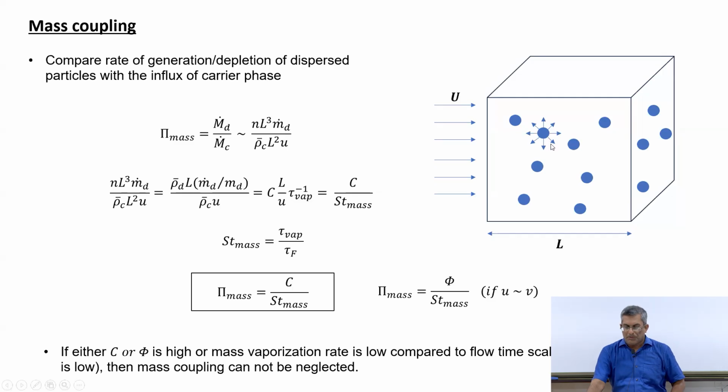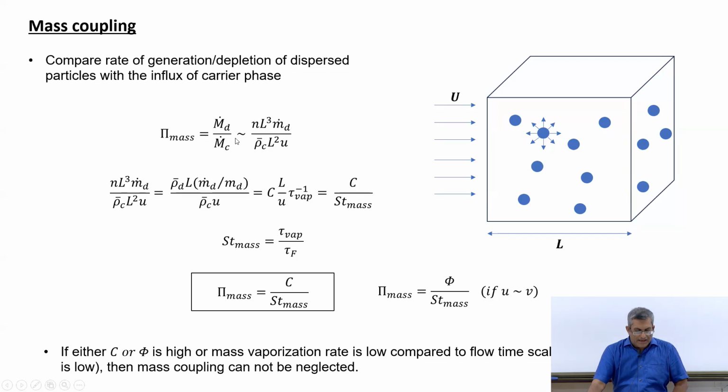For simplicity, we first assume that they are all evaporating, and the evaporation rate of all particles is the same. Then we define this mass coupling parameter as the ratio between the total evaporation rate to the incoming rate of the carrier phase into the control volume.